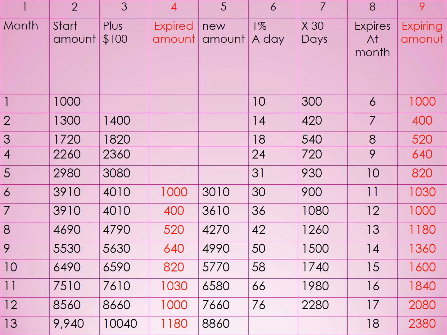So here we are. Let's look at row 6, column 4. Your $1,000 position that you initially invested is expiring. So that's going to be deducted.